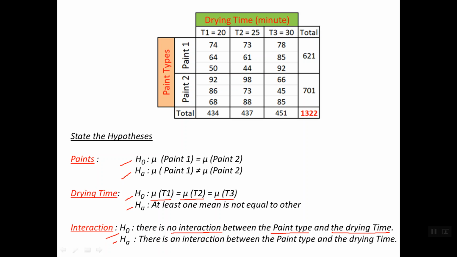Regarding the alternative hypothesis, it states that there is an interaction between the 2 factors. So as you see here, for the two-way ANOVA, we have 3 null hypotheses we need to test. So let's start with the calculation.